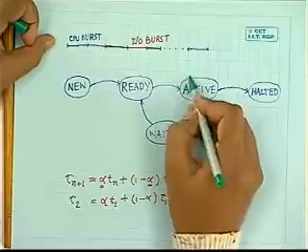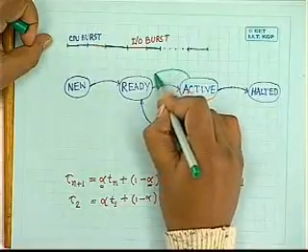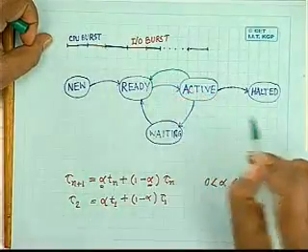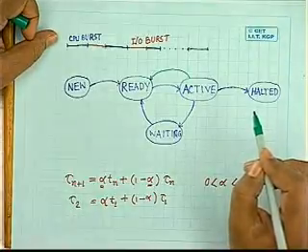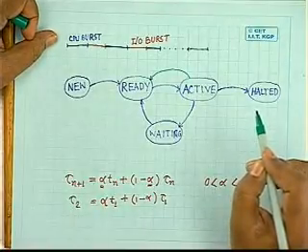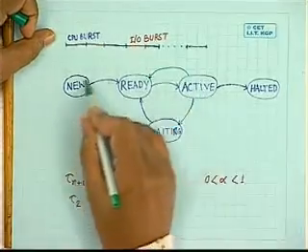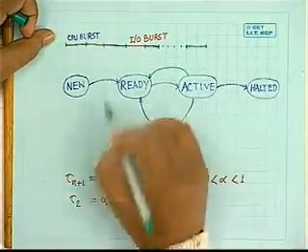So even for that much remaining CPU burst time, it has to be in the ready queue. So I have to have another path to send a job from the active state to the ready state. So this completes the process state diagram.